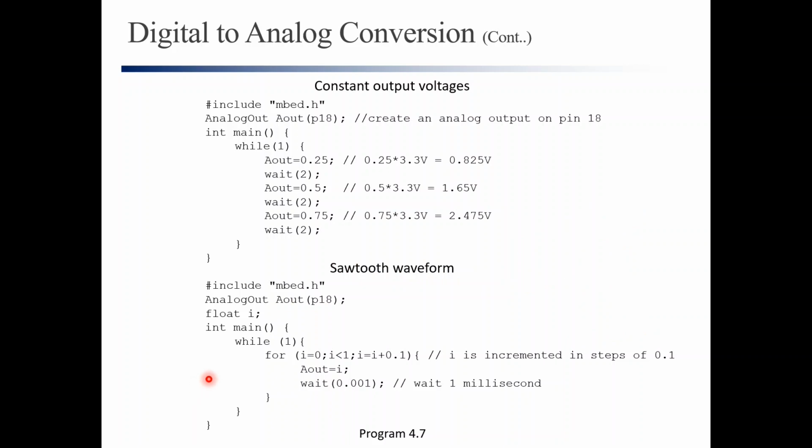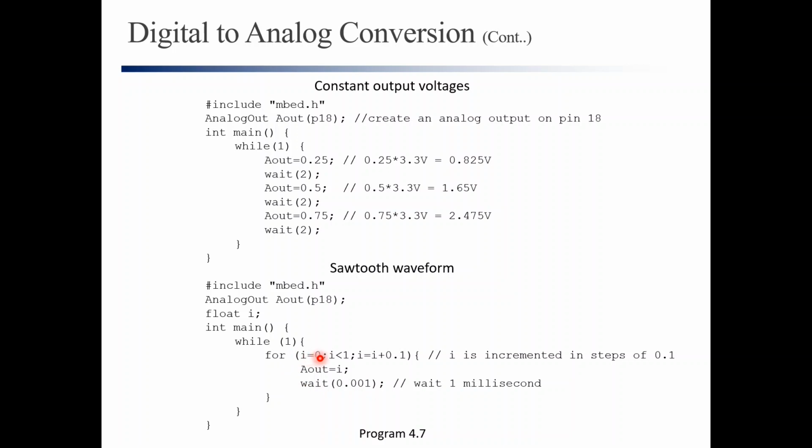Now let's look at the next example where we have a for loop here, where Aout is now assigned to a variable i, and i starts from 0 and runs while it is less than 1, and it is increased by 0.1. Initially i will equal 0 and then is sent to Aout. So Aout will be 0 and wait for 0.001 second, or 1 millisecond.